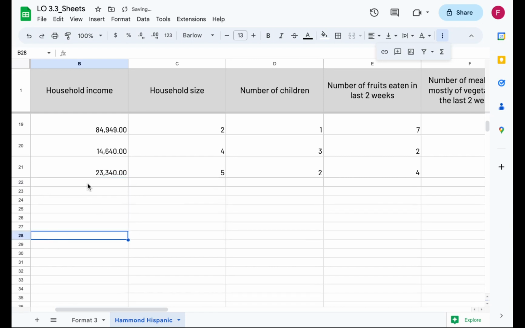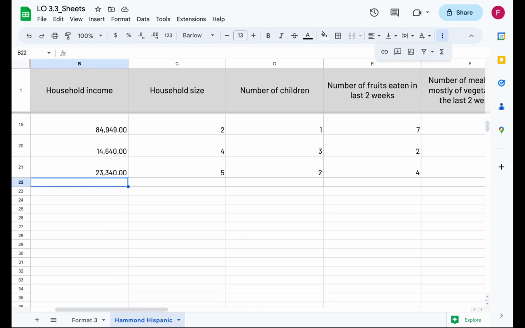Now another thing, we've done subtraction, now we can do division. Now division works in the same way as subtraction does. You have to specify which cells you want to make the division.